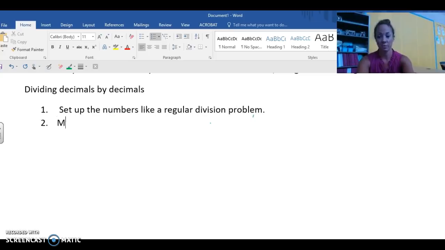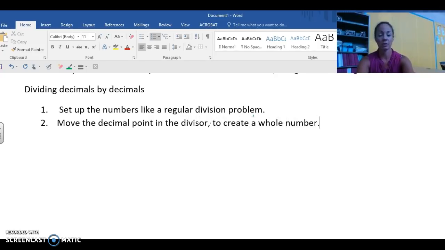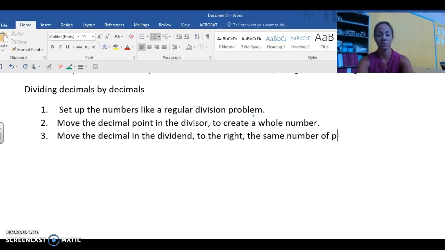Step 2, move the decimal point in the divisor to create a whole number. And I'll show you all of these steps here in just a minute. Number 3, move the decimal in the dividend to the right the same number of places.